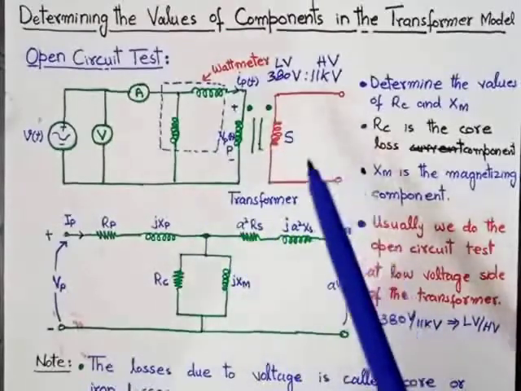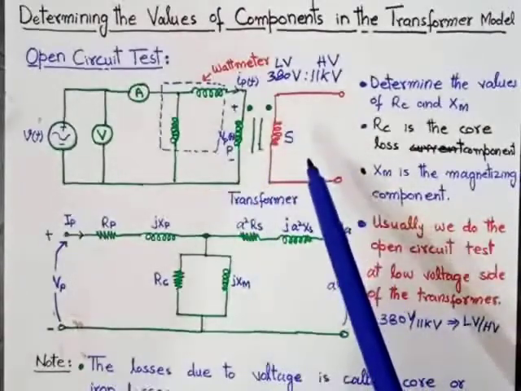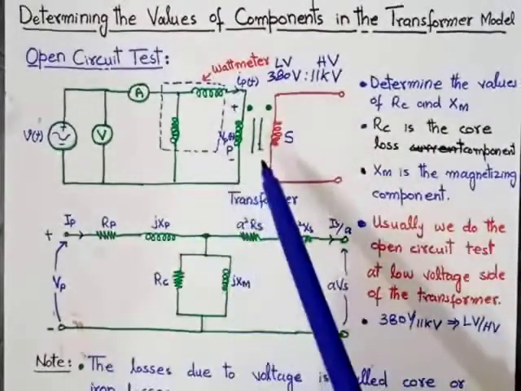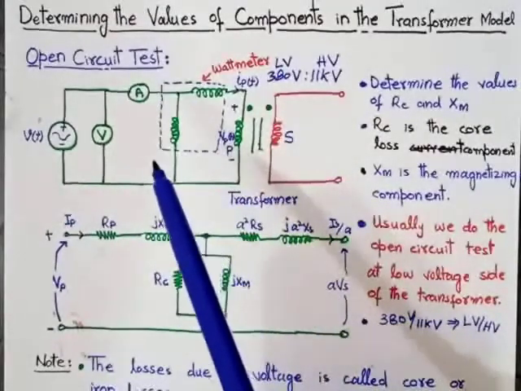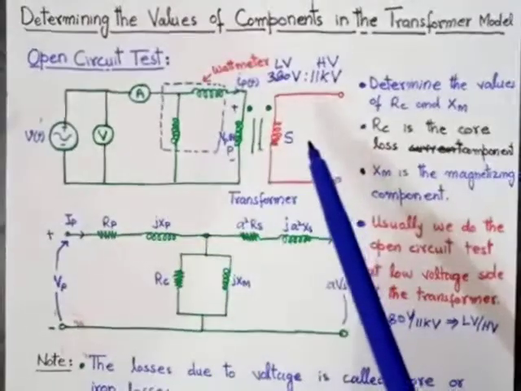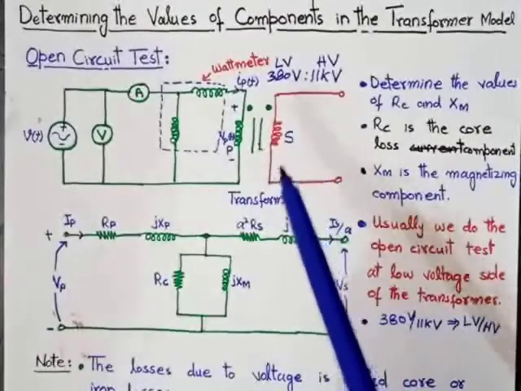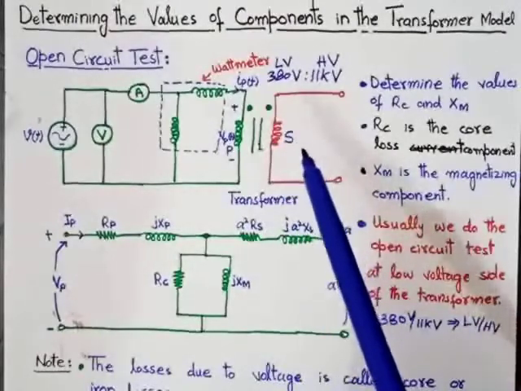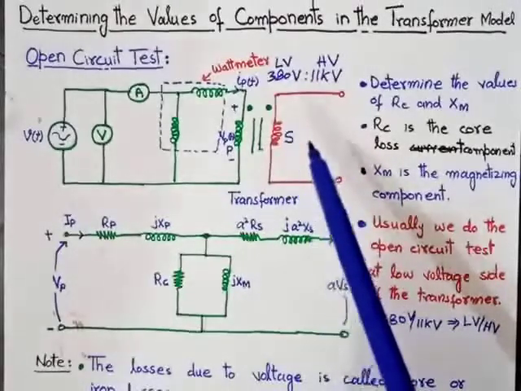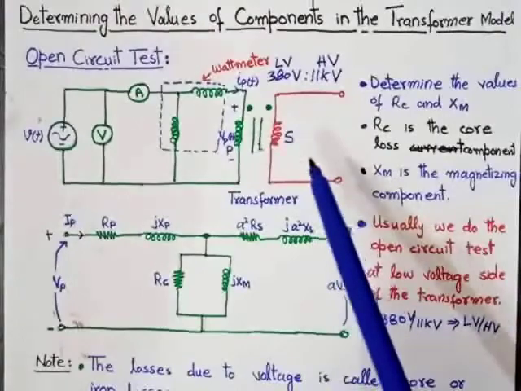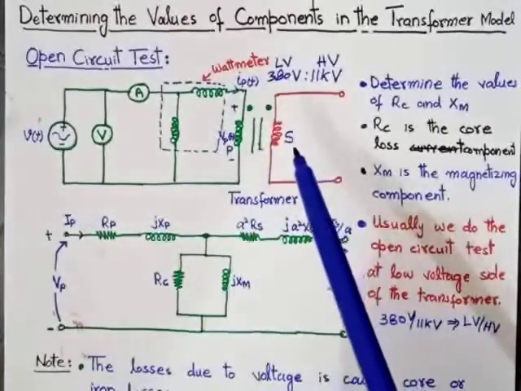Now, the circuit is open. The value of the current is 0. It means there is no current and the voltage will be maximum. It means the power consumed in the circuit is basically losses due to voltage, because the circuit is open. When the current is 0 and the voltage is maximum, the losses in the transformer will be due to voltage only.